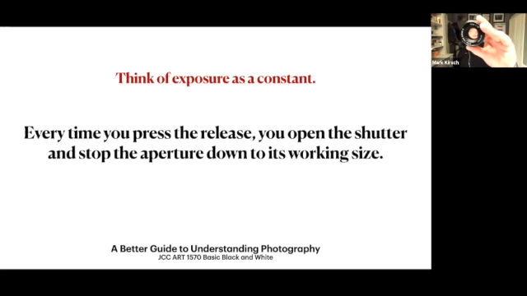So if you try that with your camera and you turn the camera around so you're looking into the lens and set the aperture at f/22, when you click the shutter, you'll see it go boop, close, and then open back up. Just saying. All right, so every time you press the shutter release, you open the shutter, the aperture stops down to its working size.